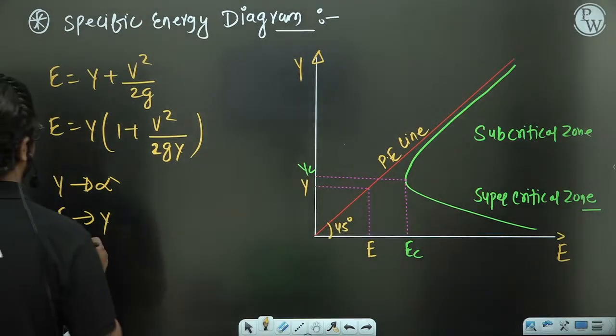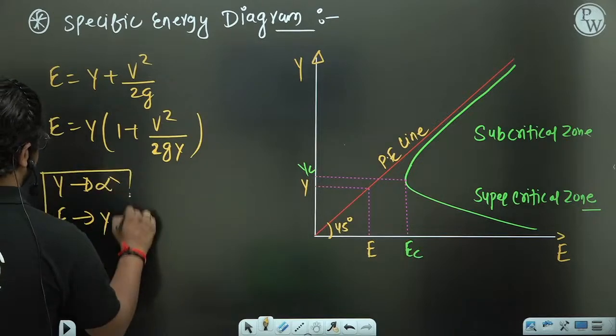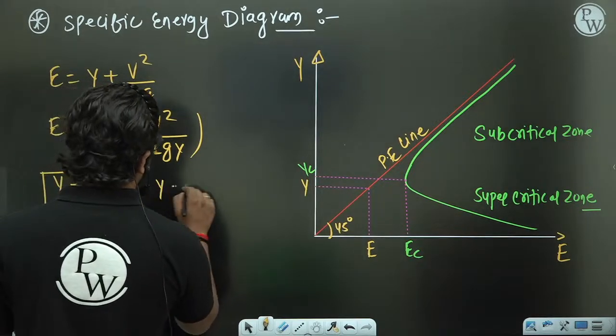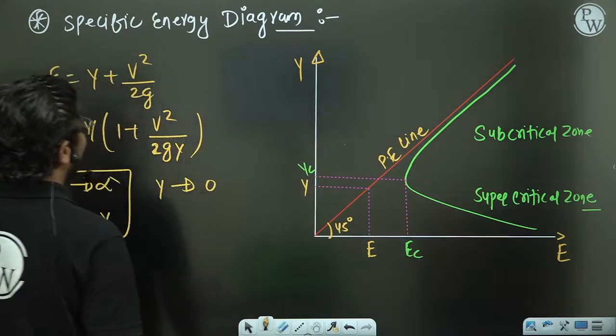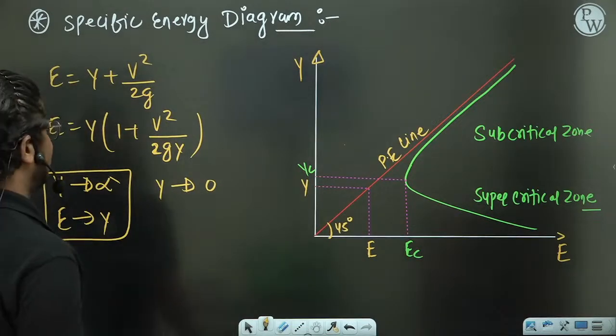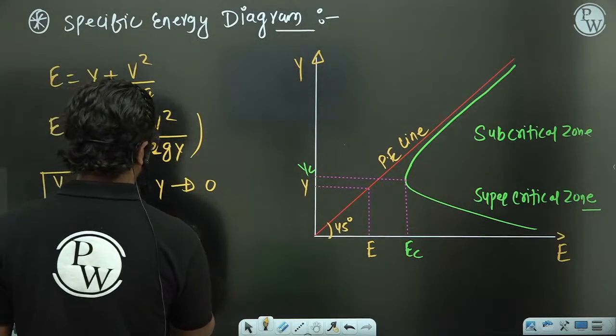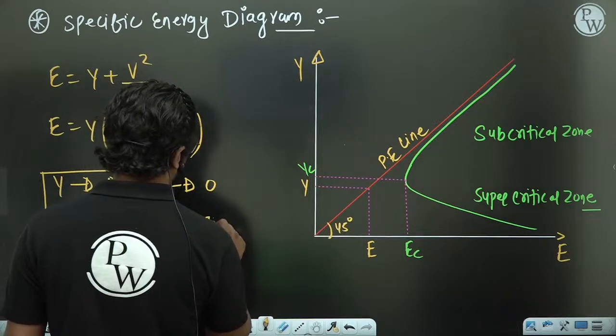Another thing is, if y tends to 0, flow can't occur. If your depth is not there, then what is the meaning of flow?